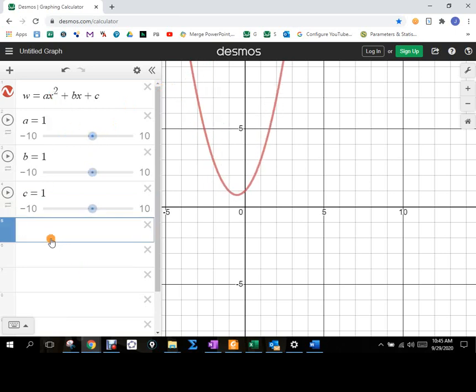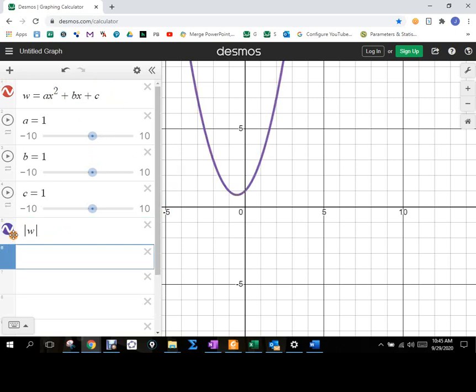This is kind of like the u substitution. This makes it a little bit simpler. Instead of typing inside my absolute value bars this entire thing, I just type in w. Let's think about why that doesn't change the graph at all. What were all those y values on that red curve? Positive. If I absolute value them, are they still positive, right?